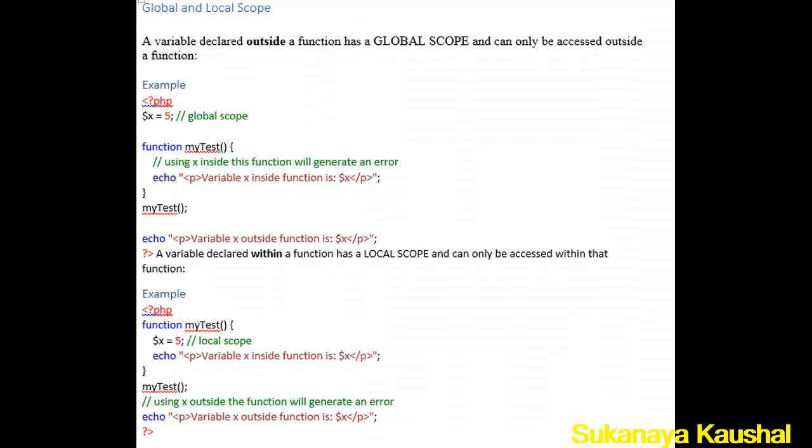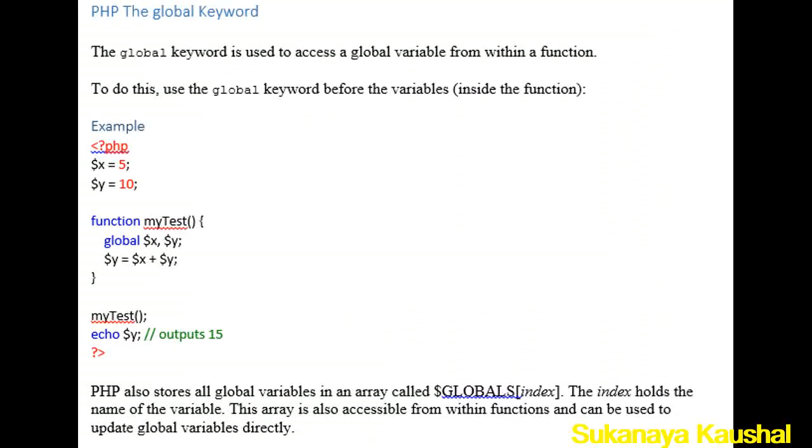So what is going to happen? The variable inside the function and the variable x outside the function will show the value and show the scope of the variable.